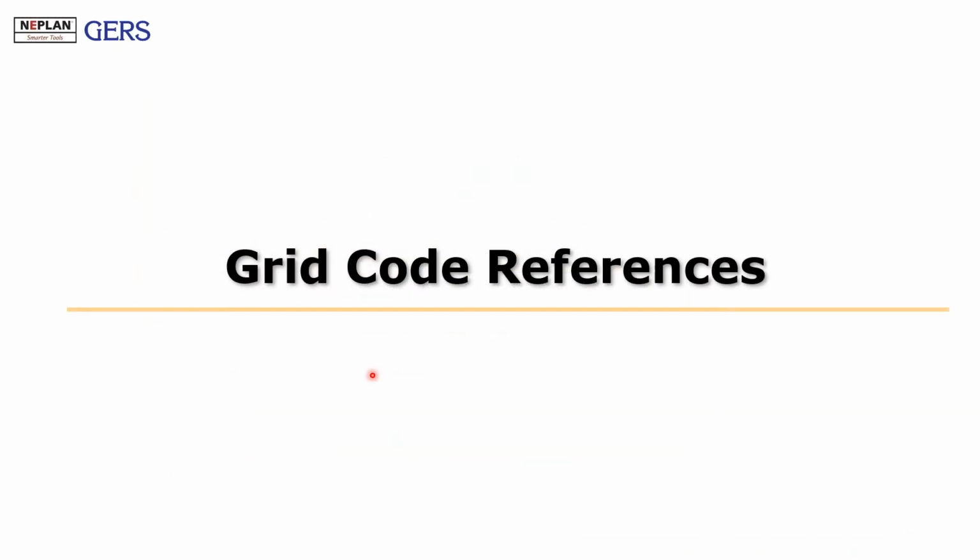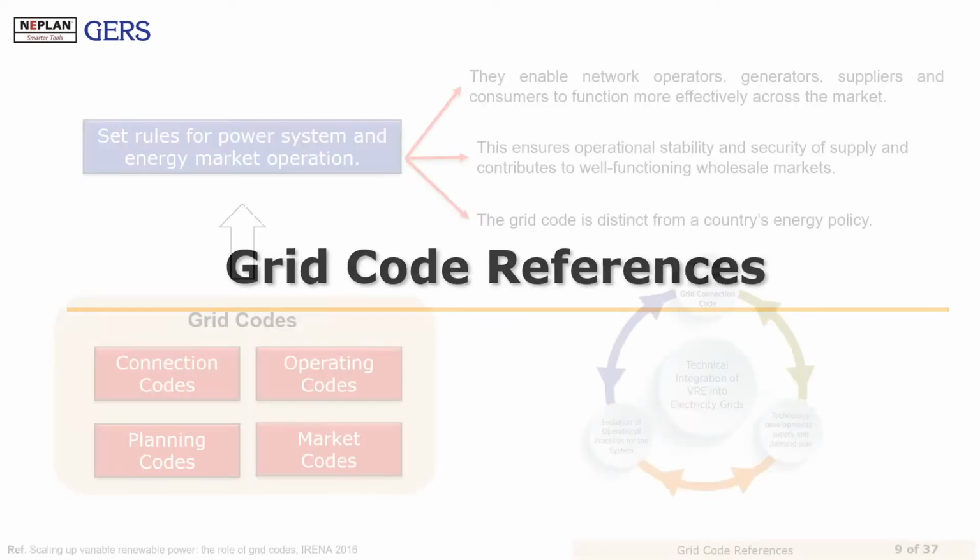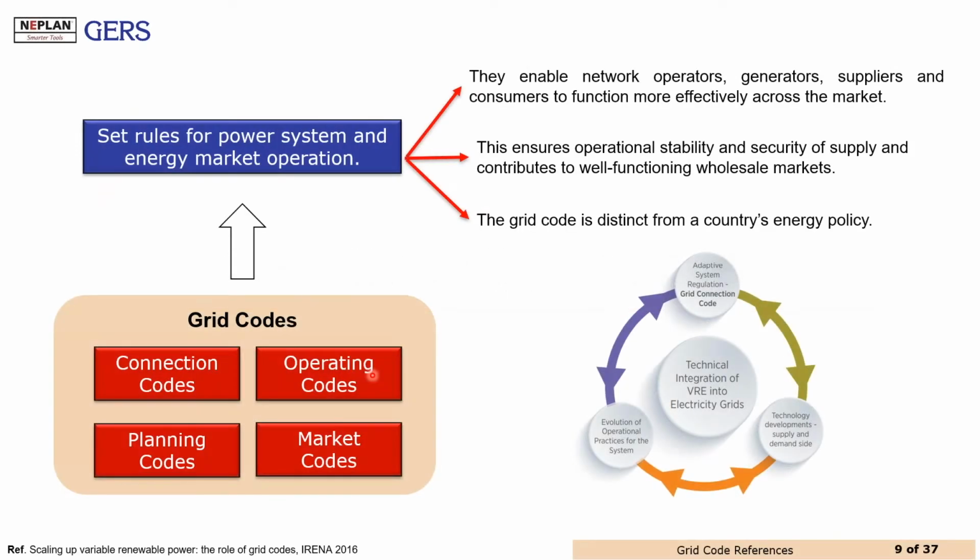Let's talk about some grid code references. One of them is the meaning of the grid code. What we can see here is that we have different types of grid codes. We have connection codes, operating codes, planning codes, and market codes. In general, the electrical power needs of all customers must be reliable.